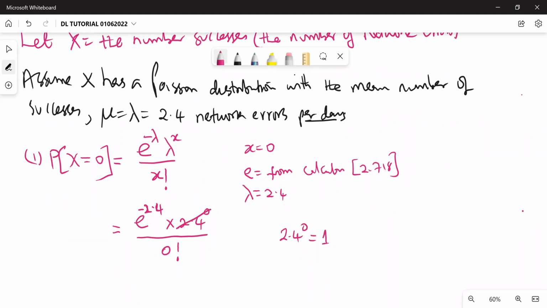And 0 factorial is always equal to 1, you can try it with your calculator. So the answer we are looking for is e raised to power minus 2.4.